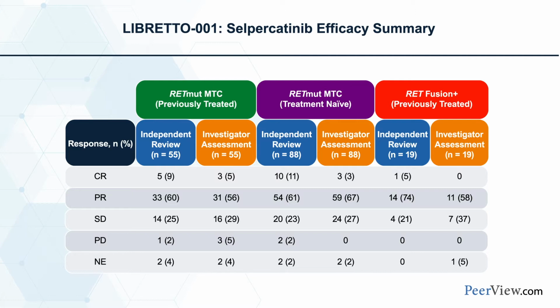What this means is that the vast majority of patients were getting a clinical benefit, stable disease being patients who maybe did not meet the 30% cut, but their disease stabilized with maybe a little bit less shrinkage than 30%. So overall, it's clear we have a very active agent on our hands, and this is what we would have predicted given both the preclinical data and the rationale for targeting RET to begin with.